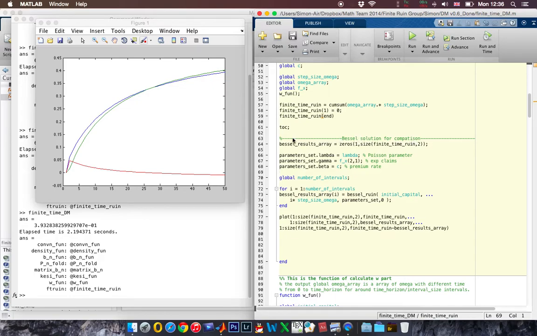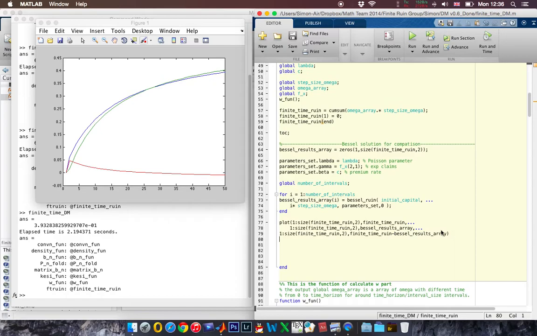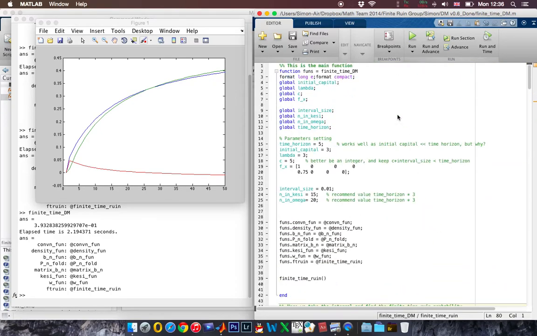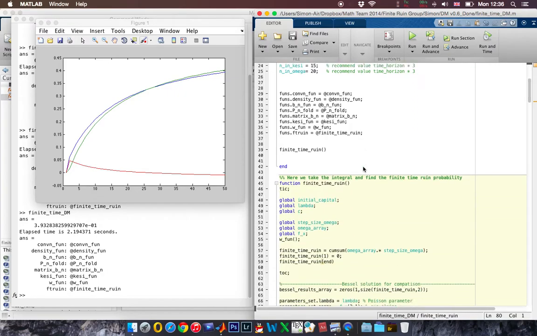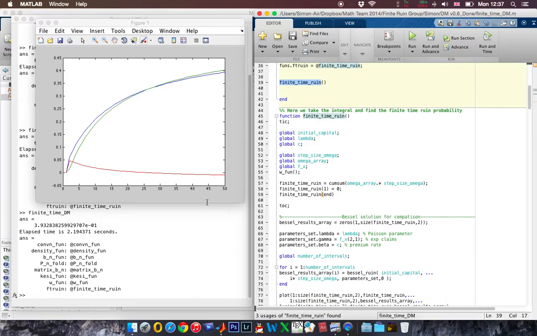So this is here merely for comparison, to see if our answer is correct or not. So the main function runs here and asks it to do the finite ruin function, which is here. It generates the value in the blue line, compares it with the value from the Bessel solution in the green line, and takes the differences.